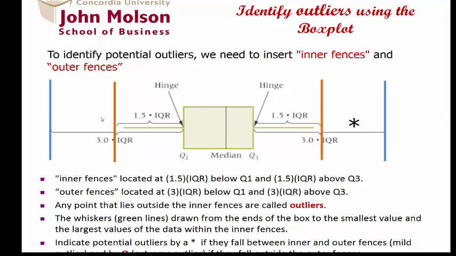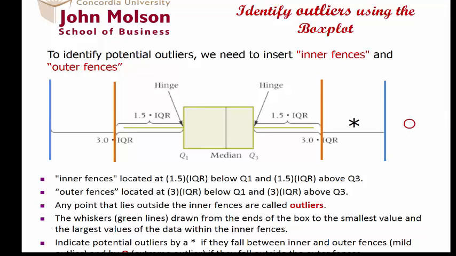If, on either side, an observation falls completely outside the outer fence, it will be considered an extreme outlier. Therefore, if I want to identify outliers using the box plot, I create my box plot and then identify the fences, the inner fence and the outer fence.